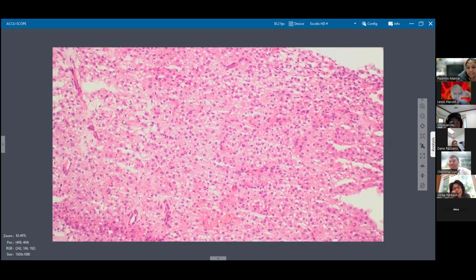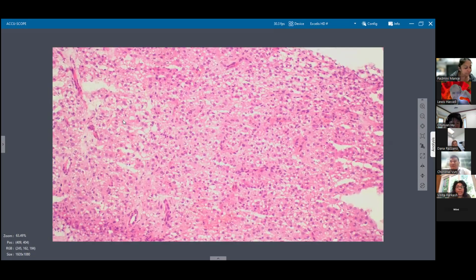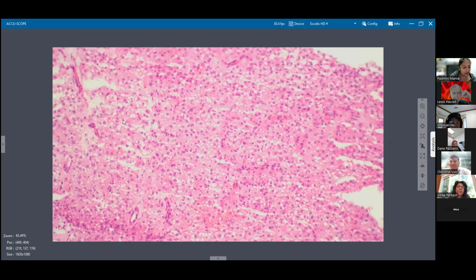Yeah. And that's essentially what they need at frozen. They just need to know, is this benign or is this malignant? Because the surgeon has to decide whether she's going to do a lymph node staging at this point. So we can comfortably put it into that category.